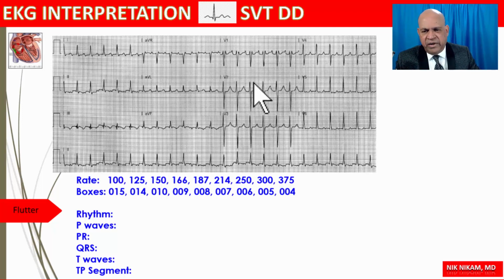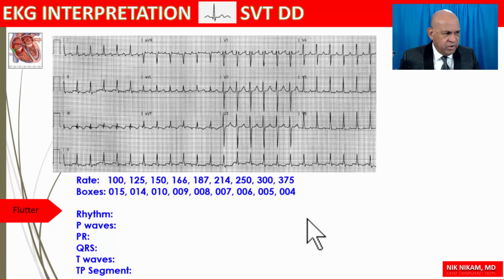So we have an atrial activity which is 300 beats per minute and a ventricular rate which is 150 beats per minute. That means we have atrial flutter with 2-to-1 conduction with narrow QRS complexes along with T-wave inversions in the inferior leads and non-specific ST changes in the lateral chest leads. Okay, that is the final diagnosis on this electrocardiogram. So let us continue.